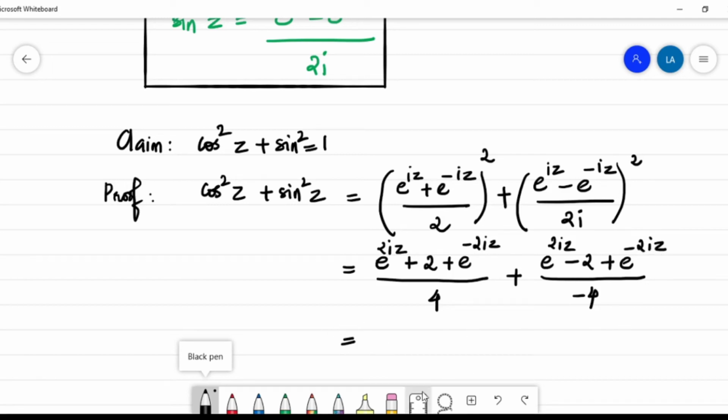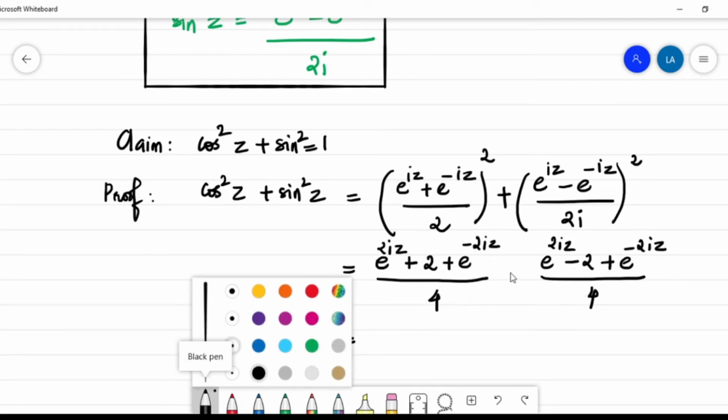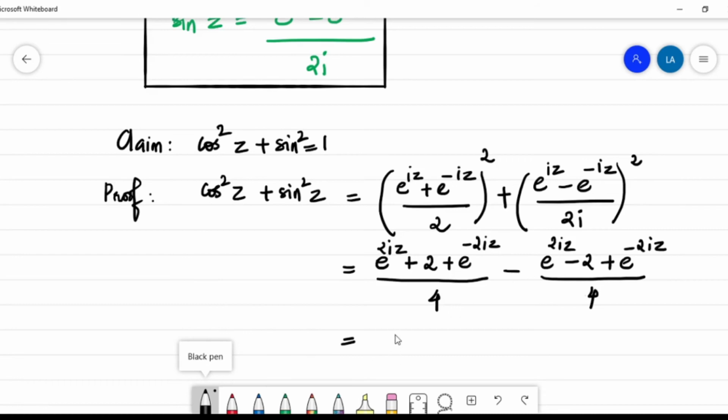The minus sign here I am taking inside, and when I take the minus inside, I will cancel terms out, and what I get is 4 by 4, which is equal to 1.